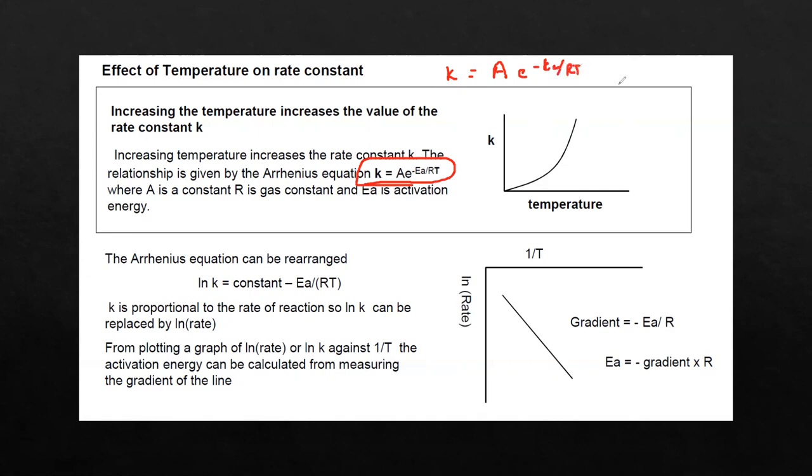How can we simplify this equation so that we can use it in our calculation? So the graph between temperature and k will be a curve which shows exponential change in the value of k as the temperature changes.